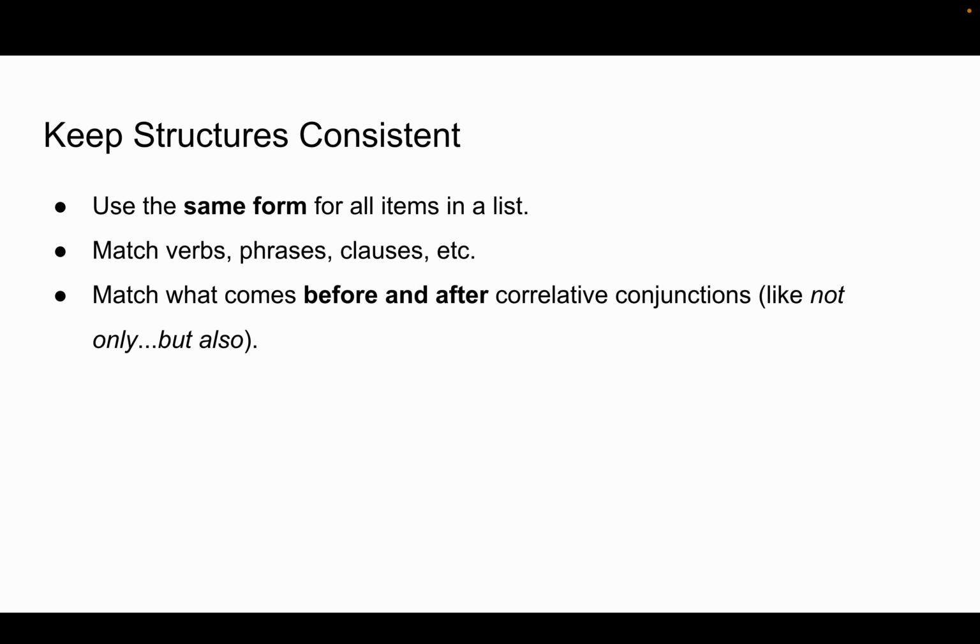And so if you're using a form of a verb, just keep on always using the same form for all the items in a list. And what that means is matching verbs, phrases, clauses, and anything being compared. And also match the structure on both sides of the conjunctions, like not only and but also, right?